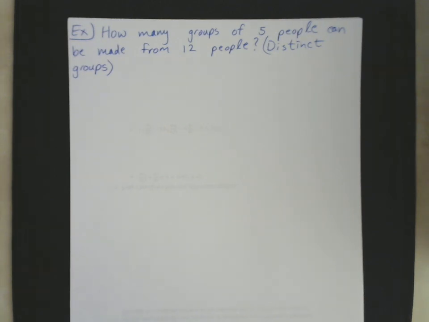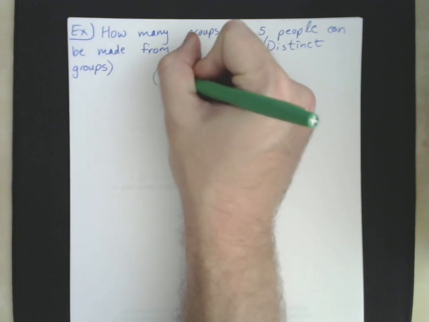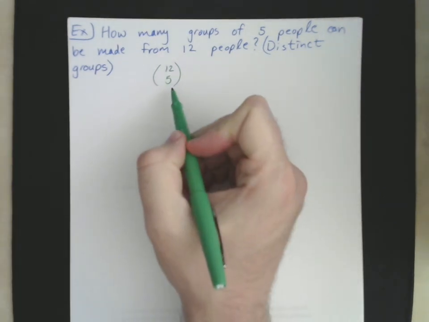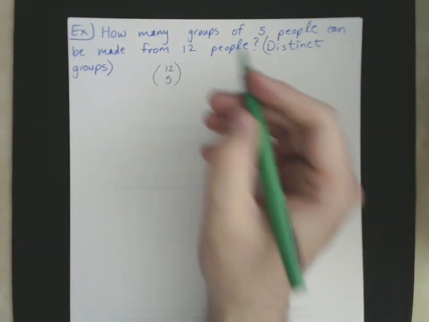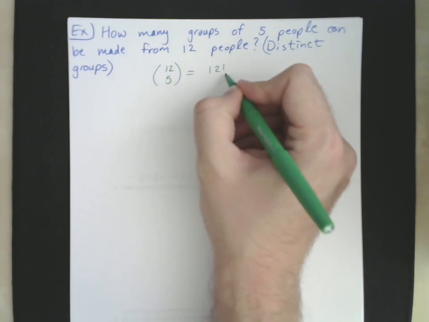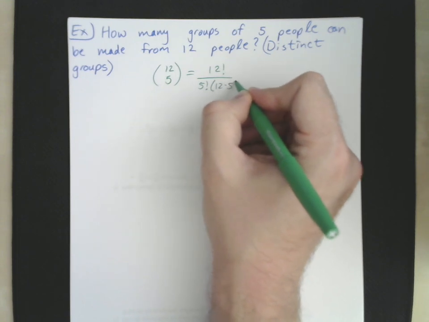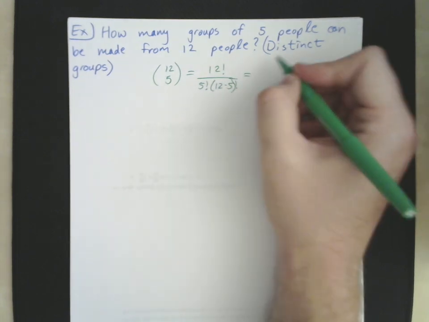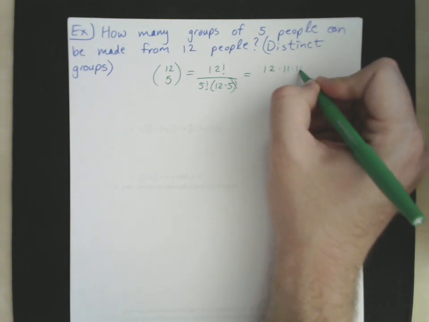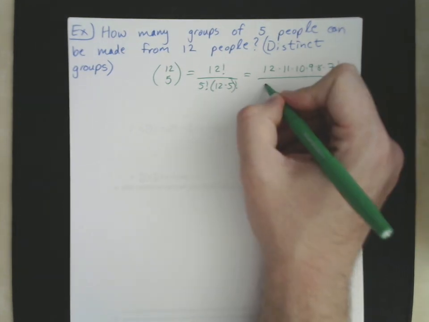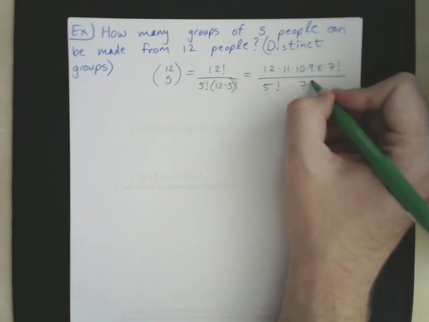Well, this is how many combinations of 5 people can we make? In other words, if you have 12 people, I need to choose 5. So we call it 12 choose 5, or n choose r, for a reason. You have 12 and you're choosing 5. So this is 12 factorial over 5 factorial times 12 minus 5 factorial, or 12 times 11 times 10 times 9 times 8 times 7 factorial over 5 factorial times 7 factorial.